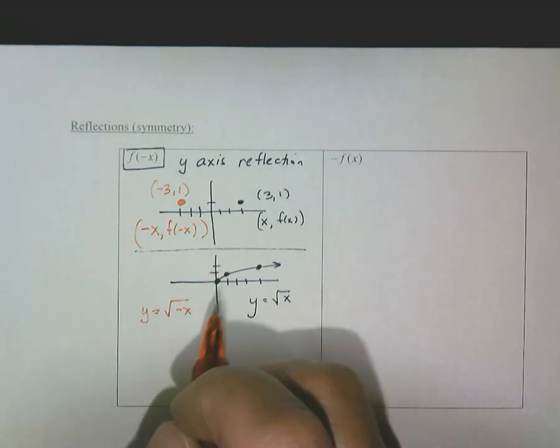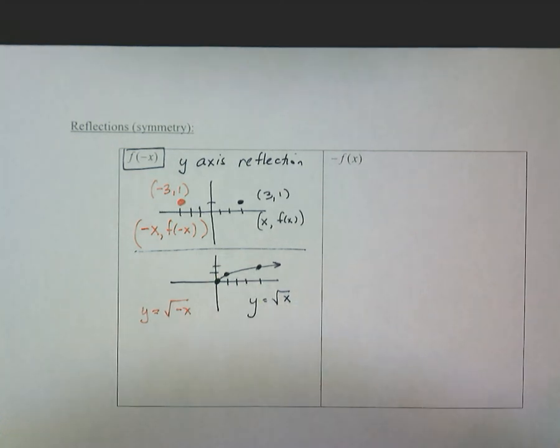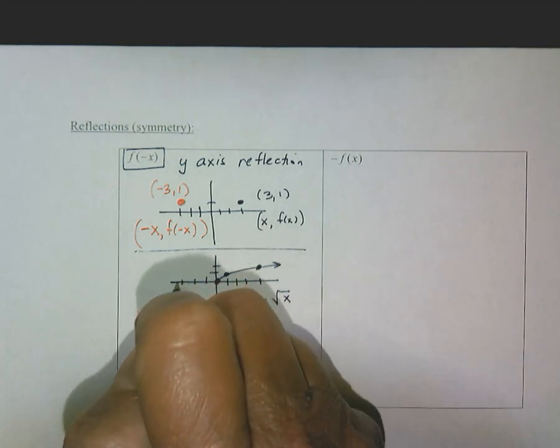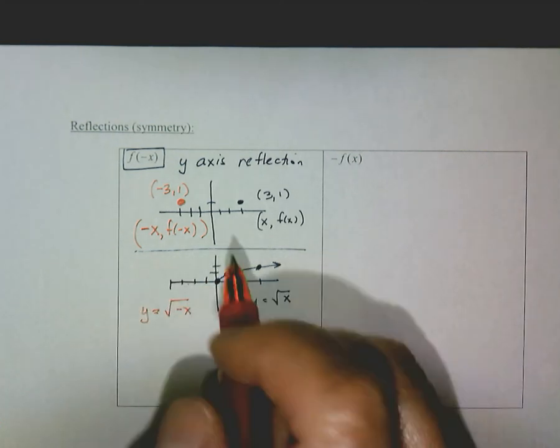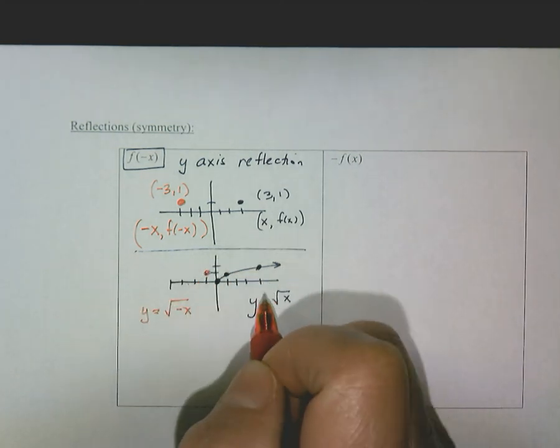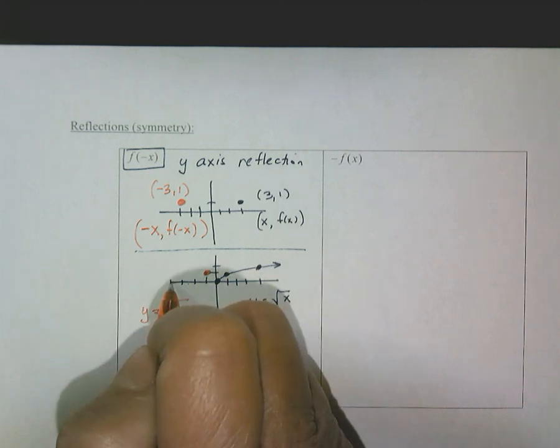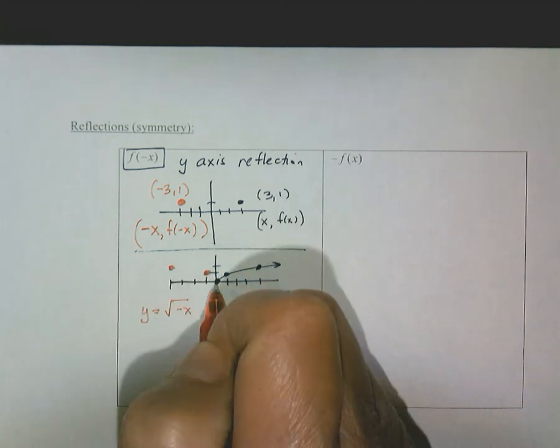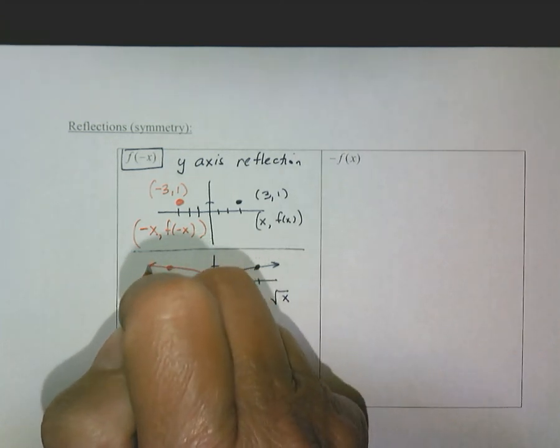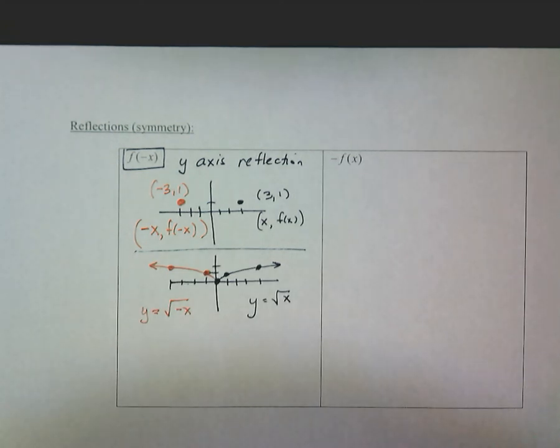So (0, 0) stays (0, 0). (1, 1) becomes (negative 1, 1). (4, 2) becomes (negative 4, positive 2). So that's what a y-axis reflection looks like.